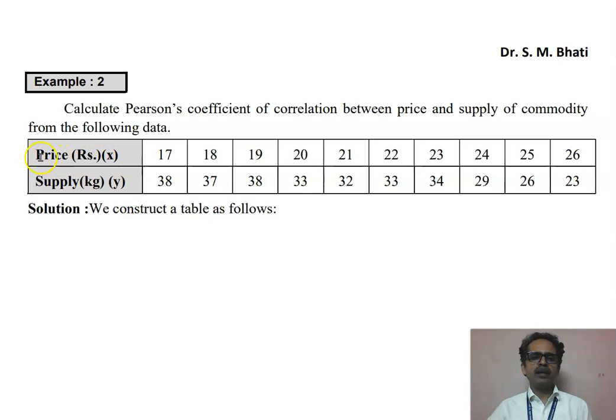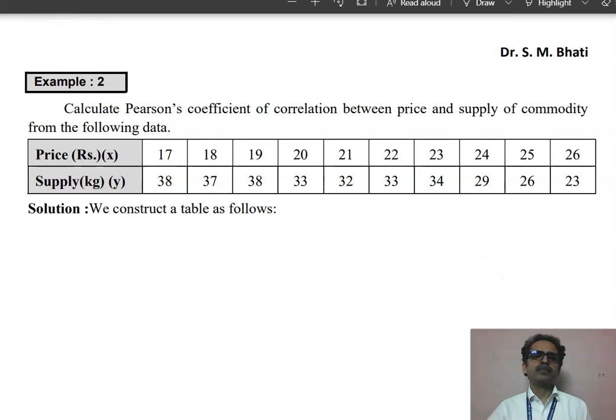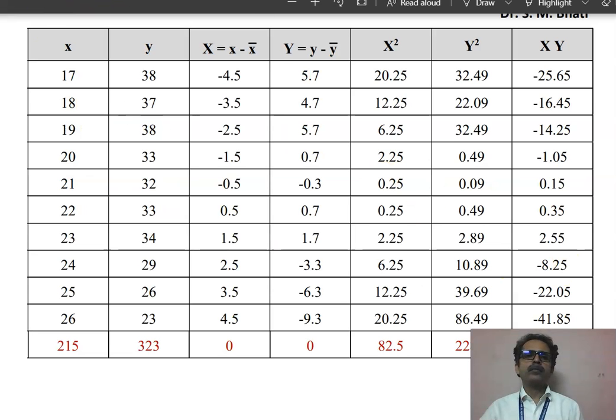Otherwise you can take prices as x and supply as y, and we have to construct the table just like the last example. The first column is for x, the second column is for y. So write the values of x in the order present in the problem, and also write the values of y in the same order.